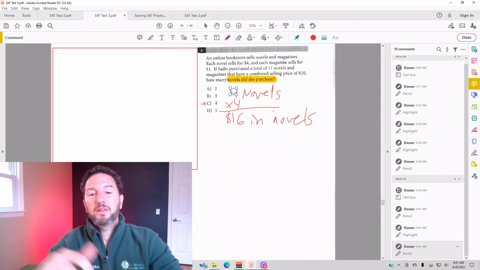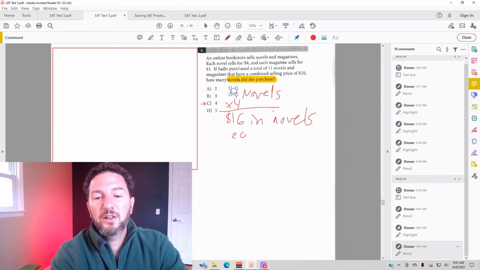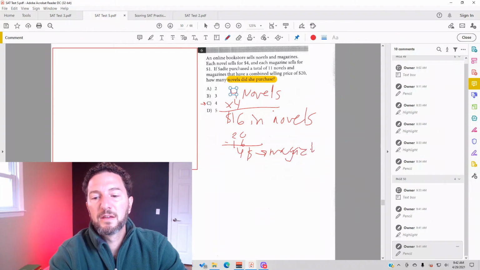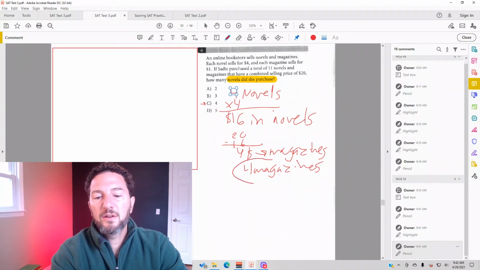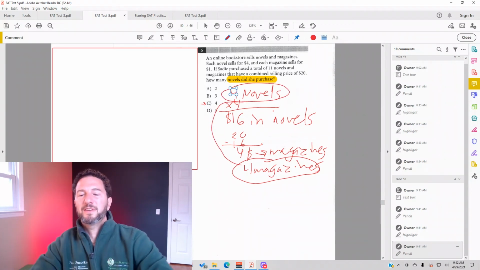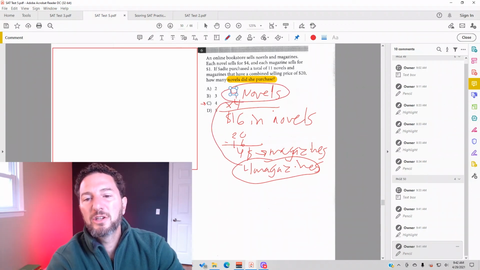It leaves you with $4 left, because you got a $20 budget, so you're left with $4 for magazines, which would be 4 magazines. So if she's got 4 magazines and 4 novels, she's only got 8 products. She's going to get 11 novels and magazines.